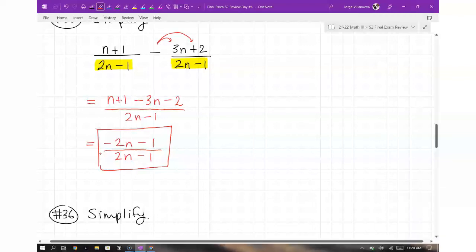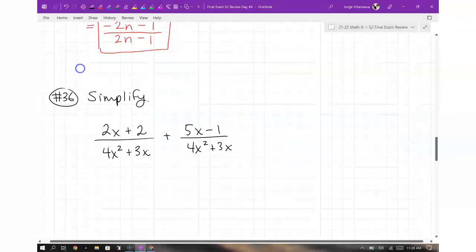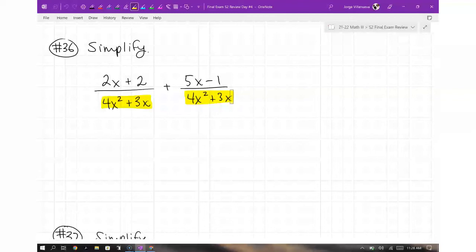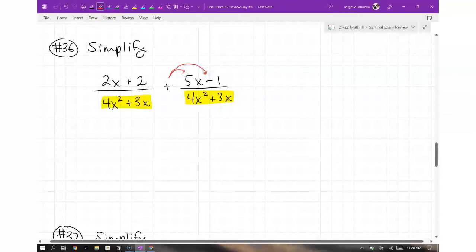The next problem is the same thing. We're going to simplify 2x plus 2 over 4x squared plus 3x plus 5x minus 1 over 4x squared plus 3x. But these are the same, so you don't have to find any kind of LCD. You're just going to combine the tops. Remember, you do have to distribute the positive, but whenever you distribute a positive, it doesn't change anything.